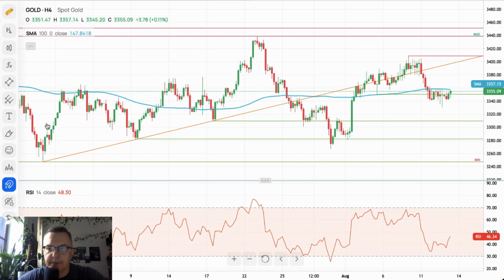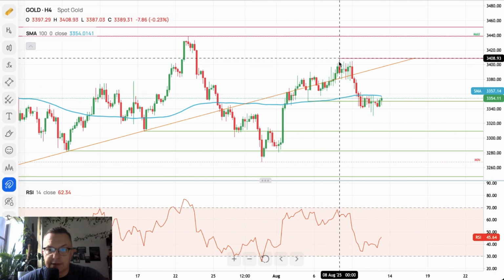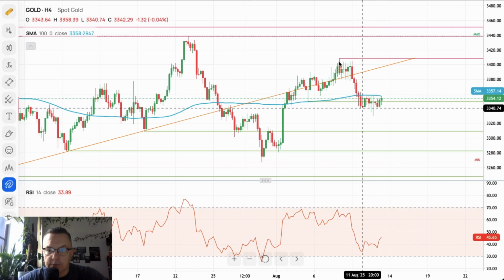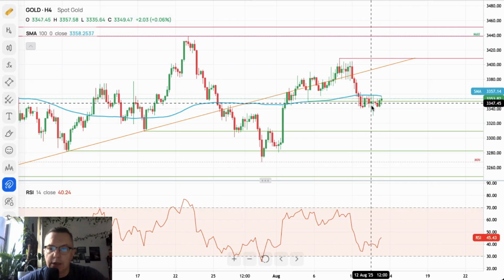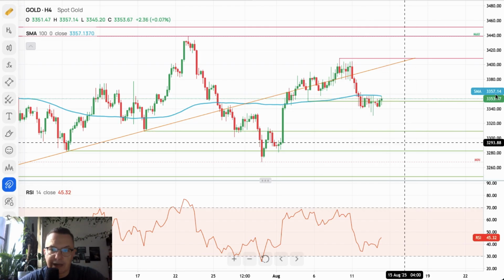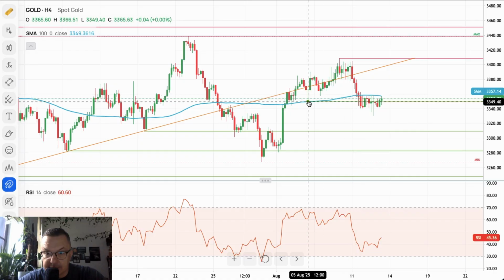Now the gold market doesn't do much on the 4-hour time frame chart. After the decline from 3,408, we've been basically consolidating just below the 100 periods moving average on the 4-hour chart, which is 3,357, and roughly around the technical support at 3,349.